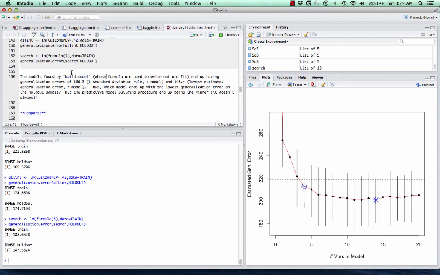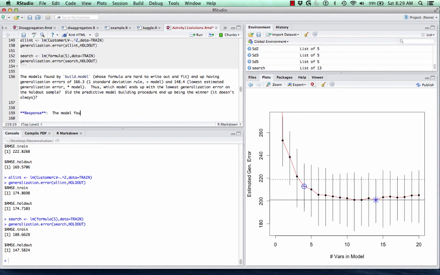Instead, I just say, all right, the one with the lowest estimated generalization error has a typical error of 148, and the one with the one standard deviation rule is at 166. So in this case, the model with the overall lowest estimated generalization error is actually the one that we found with the AIC search when we were looking for a descriptive model. But not by much, 148 versus 147.6, about the same here.